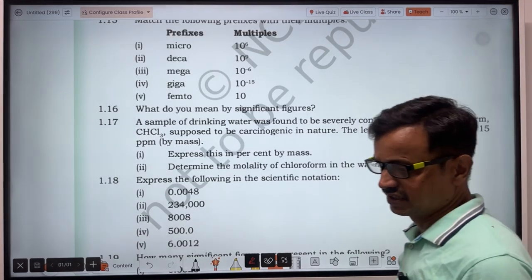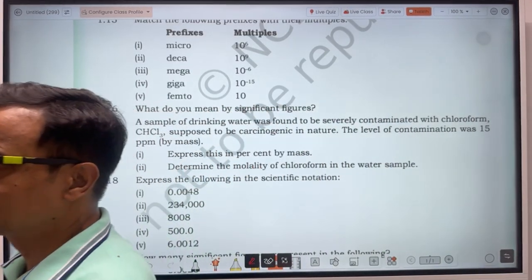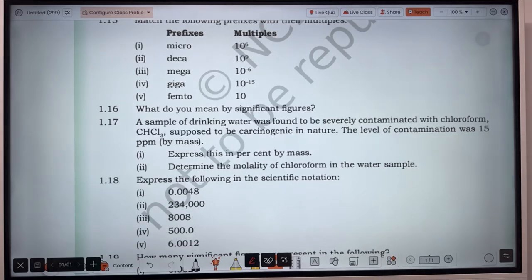Carcinogenic means on prolonged consumption of chloroform, it will cause cancer. So we would like to calculate this, which is carcinogenic even if it is in a small amount.